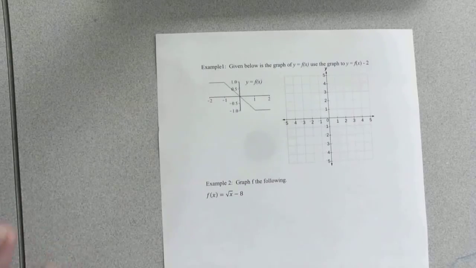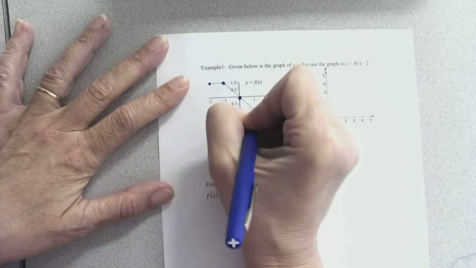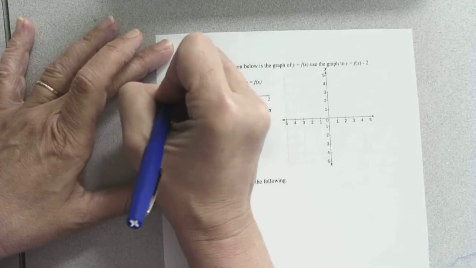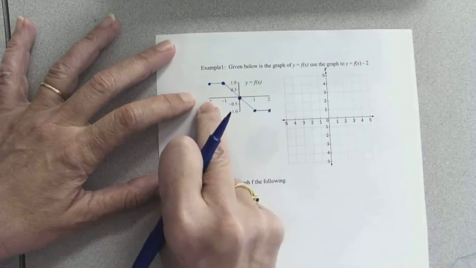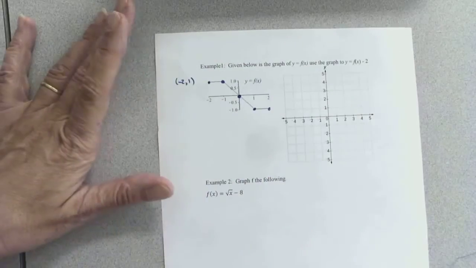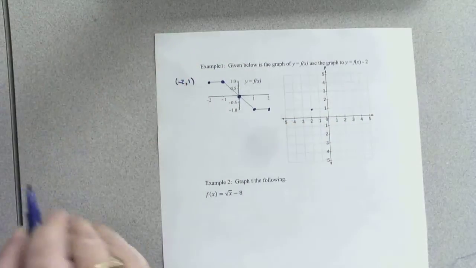But what we're going to do here is move each one of these points. This point right here looks like it is negative 2, 1. So negative 2, 1 is that point right there.